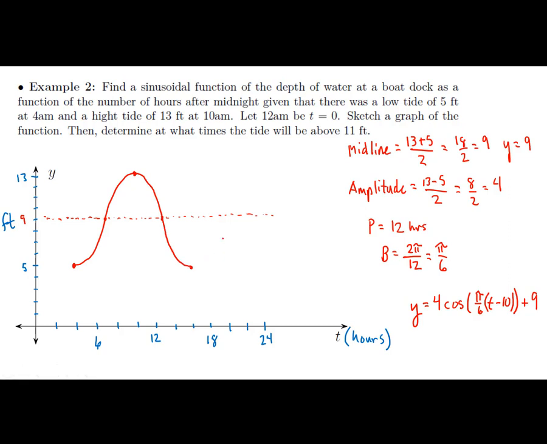But I think what I would like to do is go ahead and finish graphing on this 24-hour cycle. So I know that another half period later I'll be at my max, so 6 hours later. So here at 22, I should be back there, and then right about here I should be at my midline, so I'll keep going there.